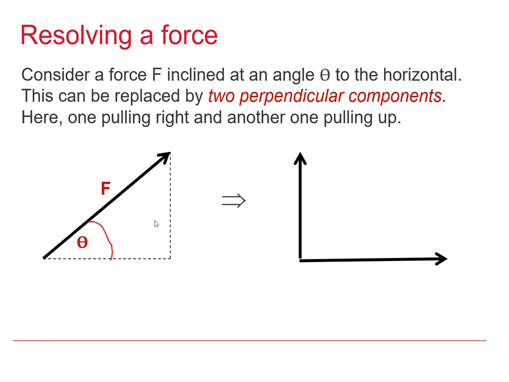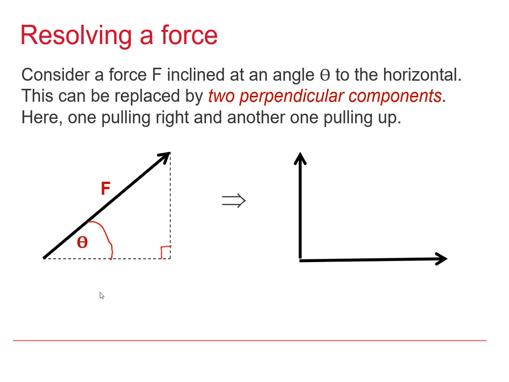So if you think about basic trigonometry, we have three sides in this right angle triangle. This side here is the opposite side. This side is the adjacent side to this angle theta. And F is the hypotenuse.